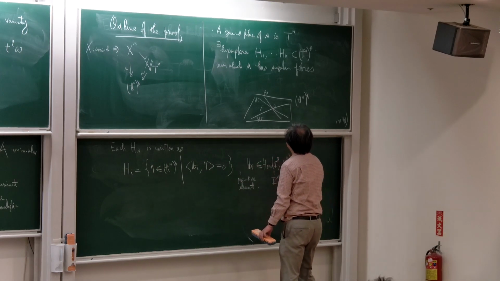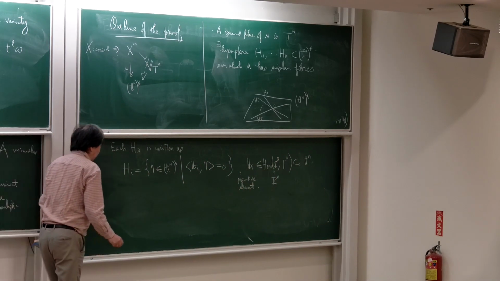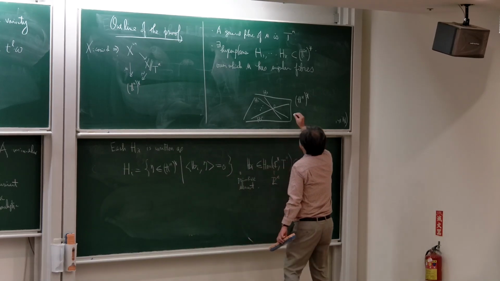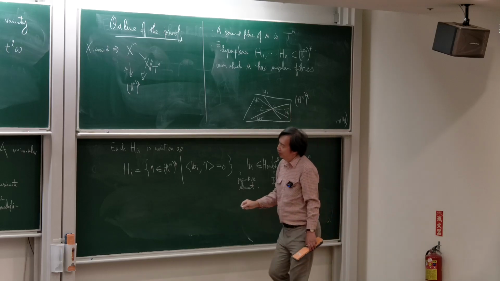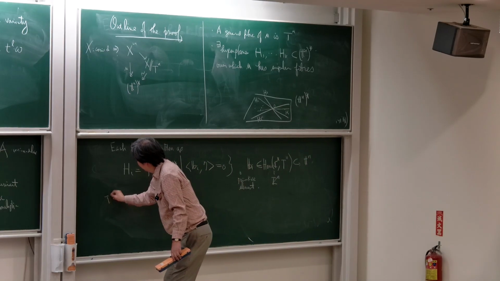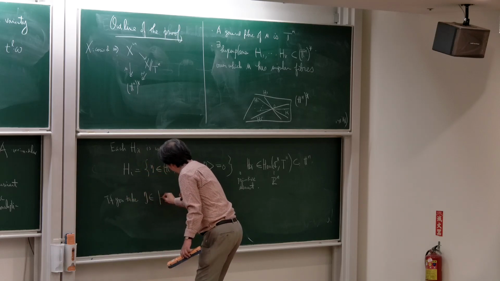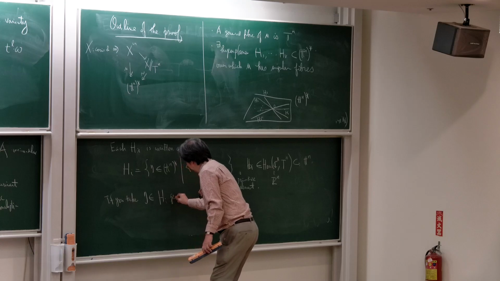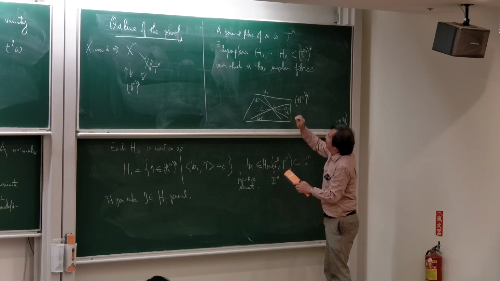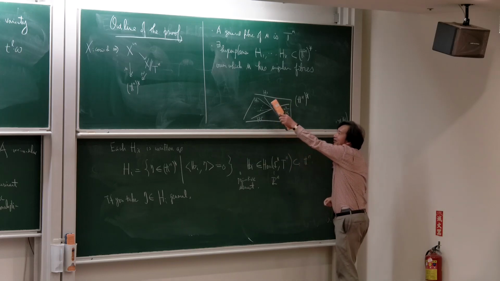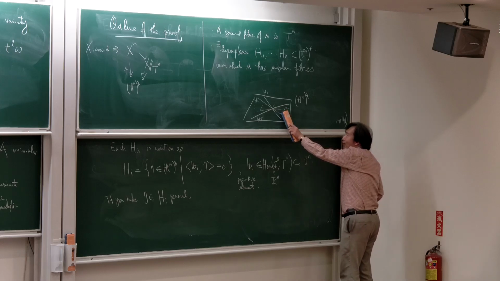Moreover, what is the structure of the fiber? You take some general point eta. General means that this eta is not contained in other Hj's. It is contained in only one Hi.